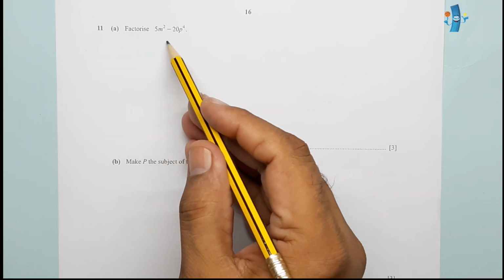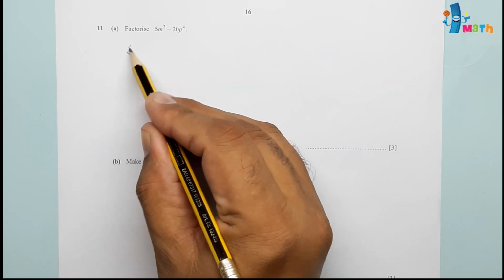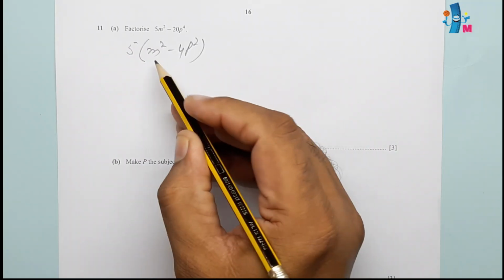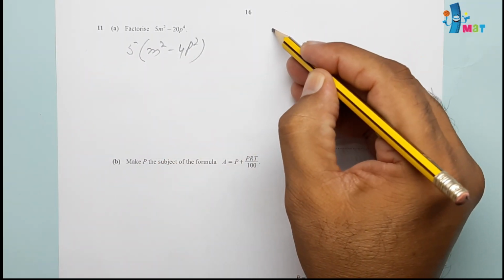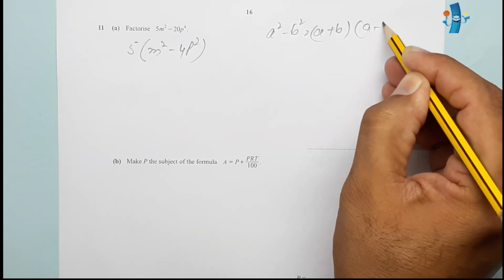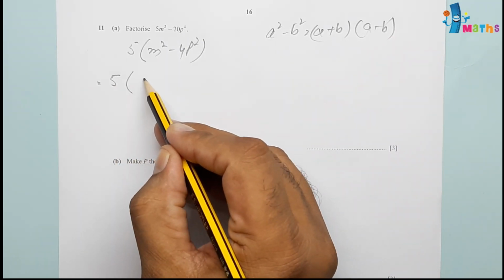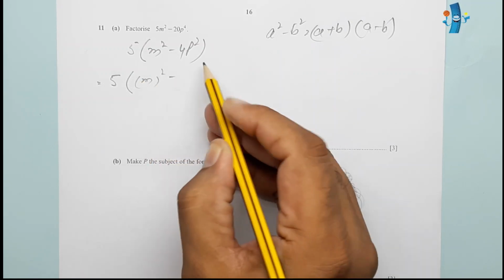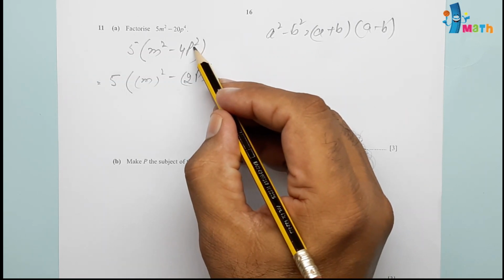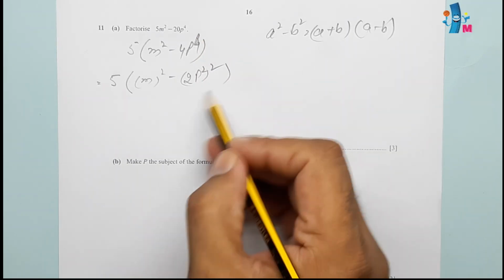Question number 11, factorize this expression. The expression is given, so we can take 5 common first. So inside will be m to the power 4 minus 4p to the power 4, and we can recall the formula a squared minus b squared is equal to a plus b into a minus b. So we can apply it over here: 5, and this one we can write as m squared minus 2p squared whole, since 4p to the power 4 is this squared.